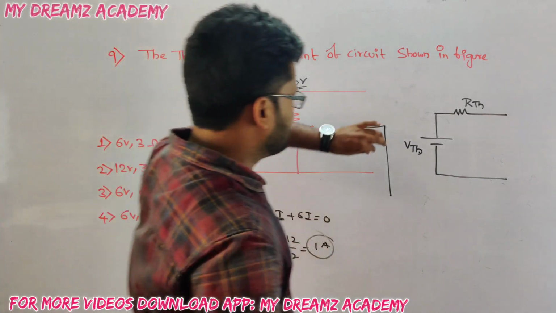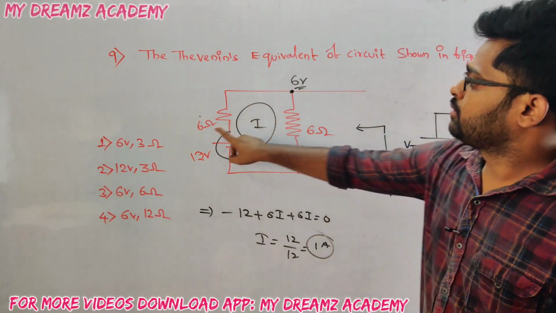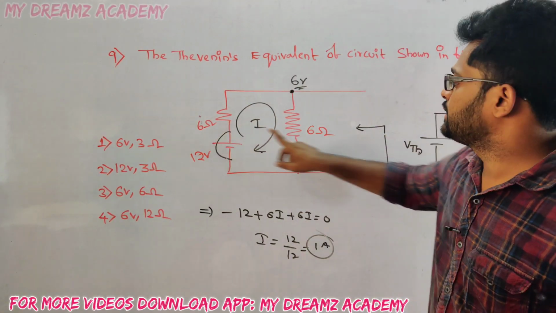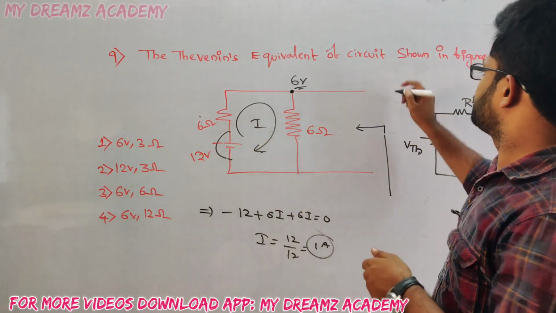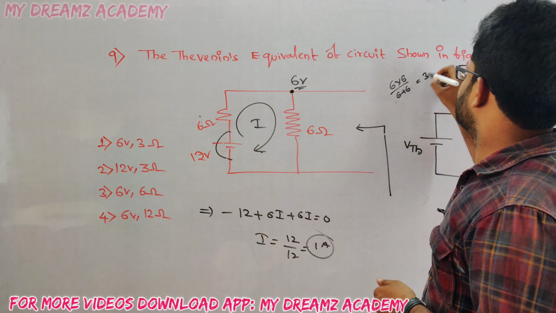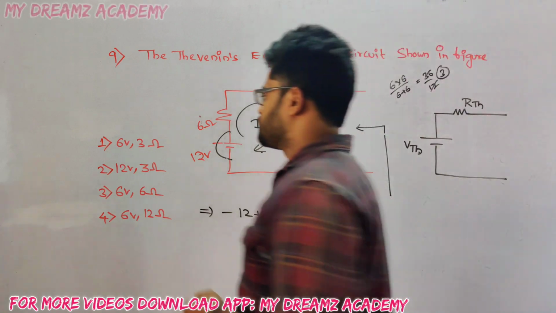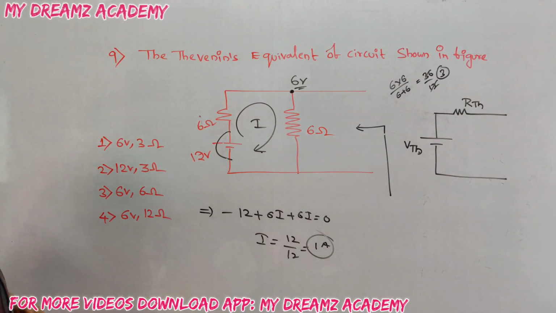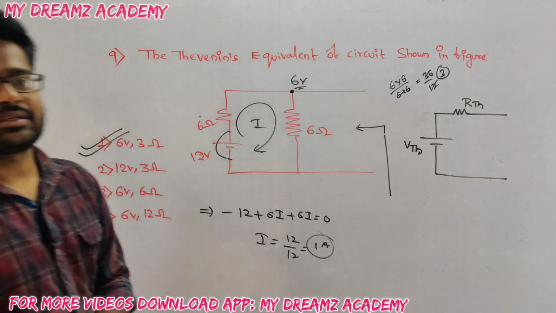R equivalent seen from the load: we have a 6 ohm resistor in parallel with a 6 ohm resistor. So 6 into 6 divided by 6 plus 6, that is 36 divided by 12, it will give 3. So the voltage is 6 volts and the resistance is 3 ohm: 6 volts in series with 3 ohm.